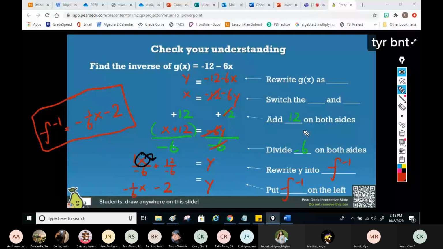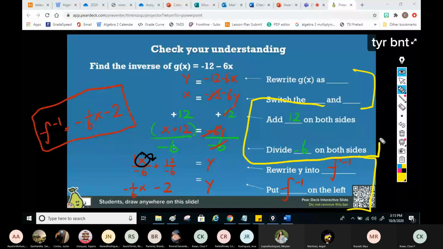That is your final answer. Like I say, I know it looks like a lot of steps, but actually it's not a lot of steps. The first 2 is easy, the last 2 is easy. The only calculation is just these 2, all right?